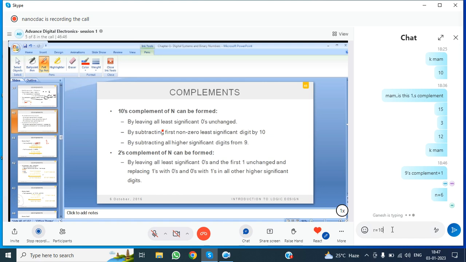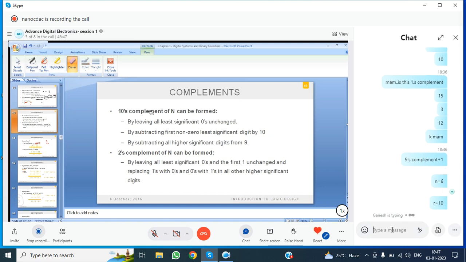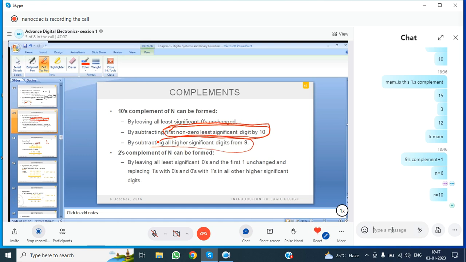So one point you see here, you need to subtract the first non-zero LSB digit from 10. This is one important thing: subtract the non-zero least significant digit from 10, and subtract all higher significant digits from 9.